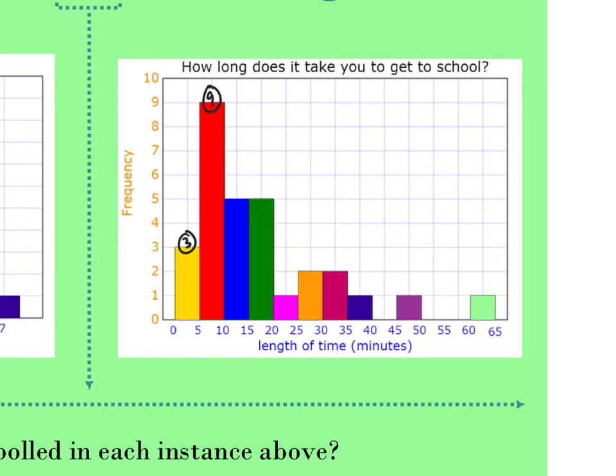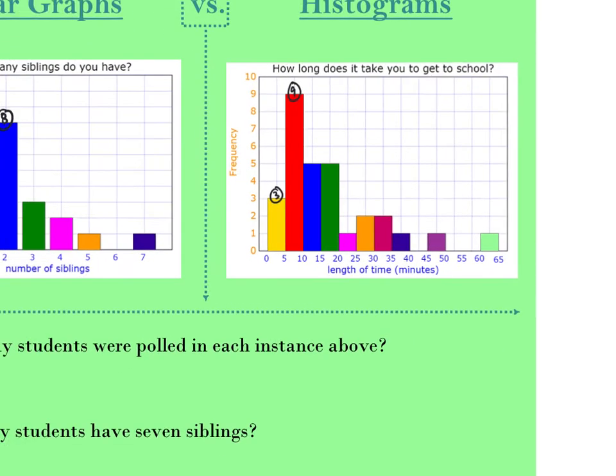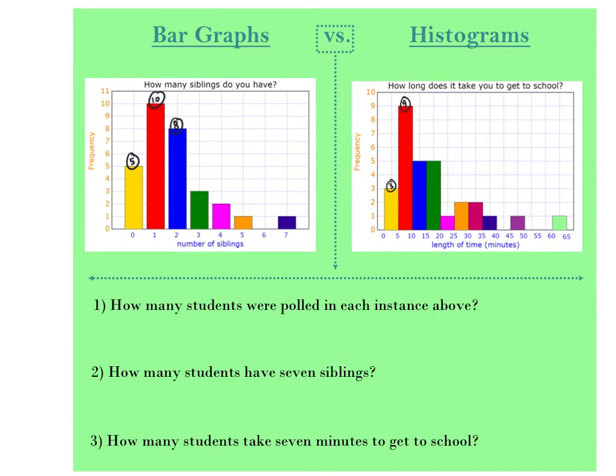We don't know between 5 and 10 how many people it takes 7.5 minutes, but we do know between 5 and 10 minutes, there are 9 people that fit into that particular category. And so you would just add up each of those frequencies to figure out how many students were polled in each situation. So I'll just jot down, add up all the frequencies.